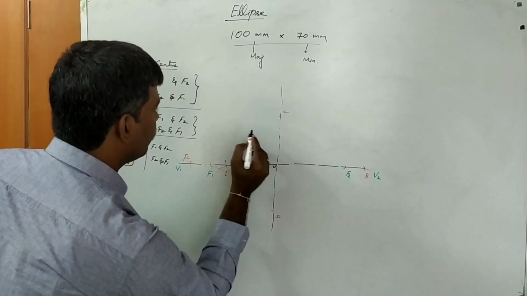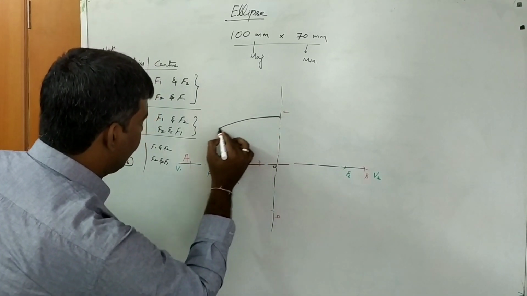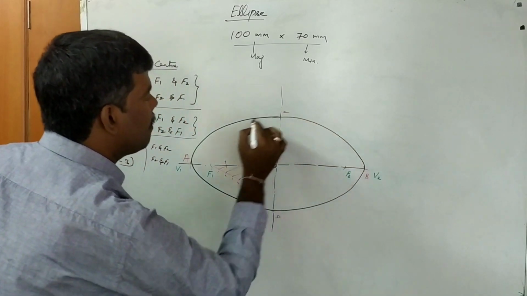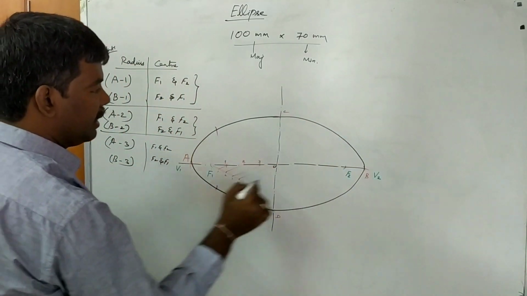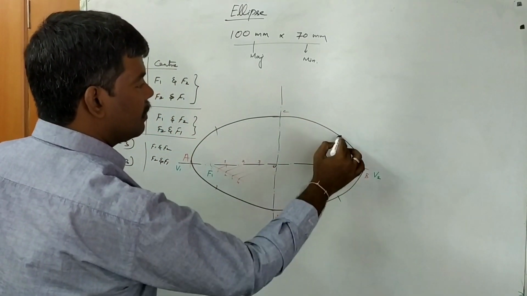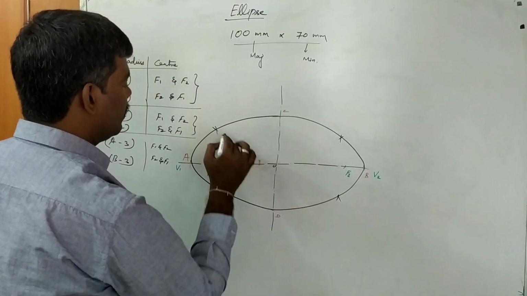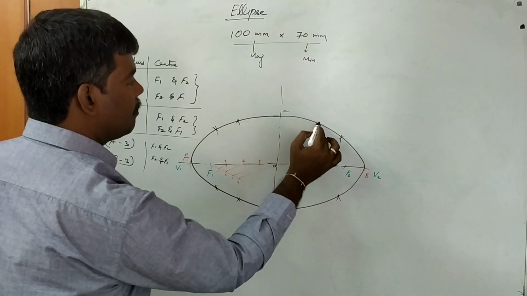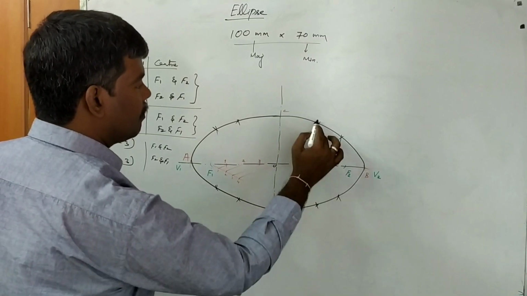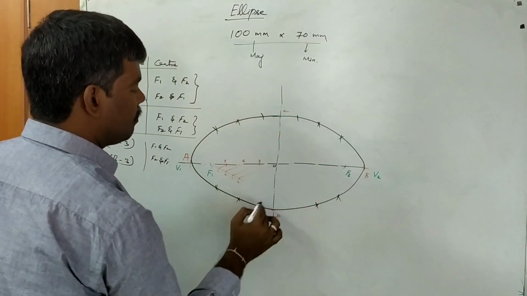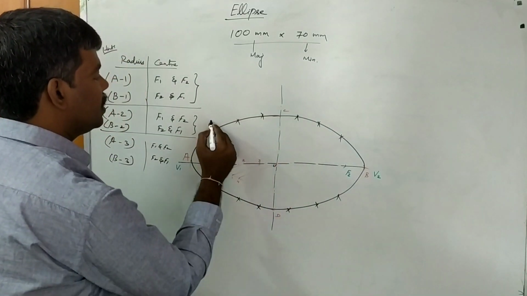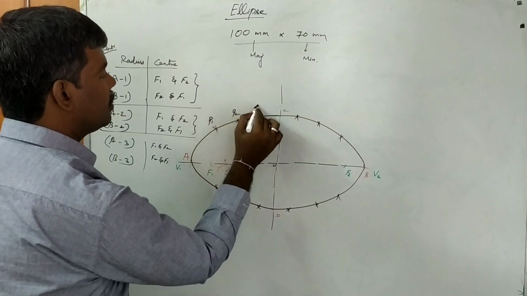Finally, so initially F1 I got here. Okay. So this one is P1, P2.